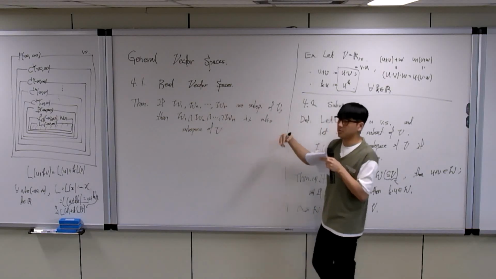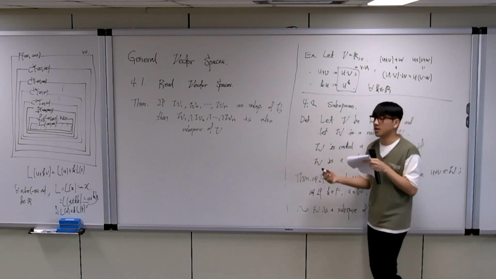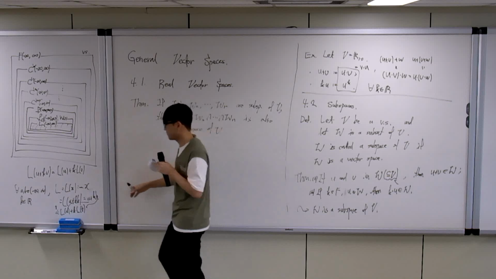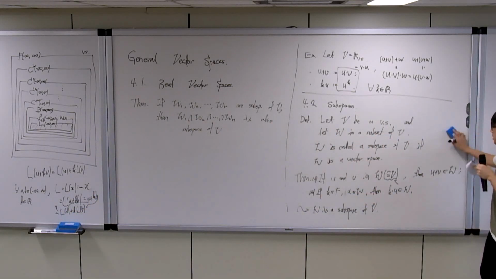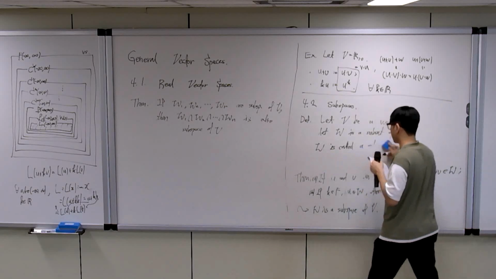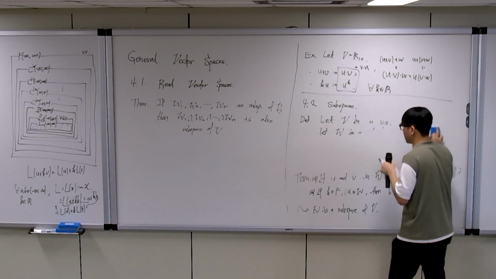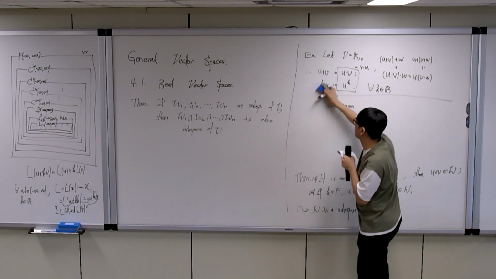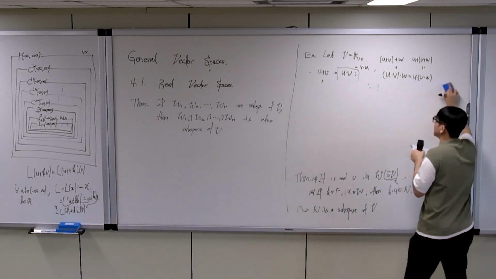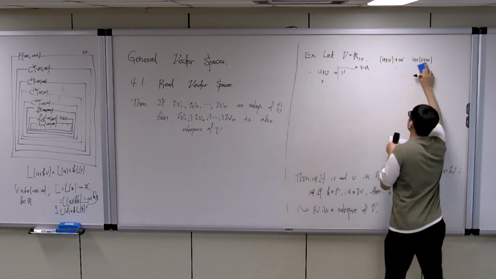If you calculate only the elements in the intersection, then it will satisfy this closure property. So by the following theorem, you can check it will be a subspace of V.